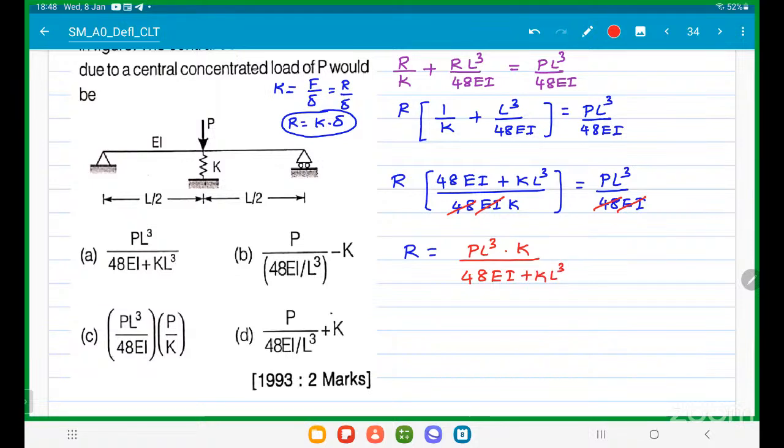So this is our R. Once you know the R, we can find the deflection. So deflection of the spring is equal to R by K. R is known. If you divide by K, it is P L cube by (48 EI plus K L cube). Correct?